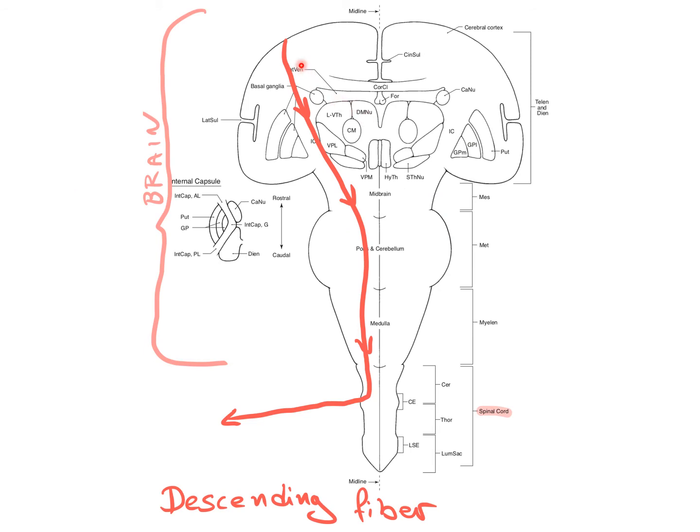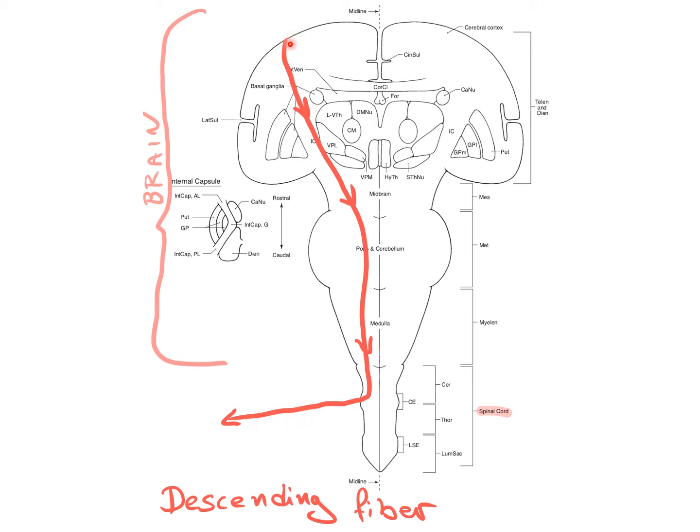Now, we can see that this is a cross-section, a diagram of our brain, our brainstem, and our spinal cord. And you can see that if we have a neuron which has its dendrites at this level, and it has its peripheral process or its terminal output centers here, then this is going to be a descending fiber.